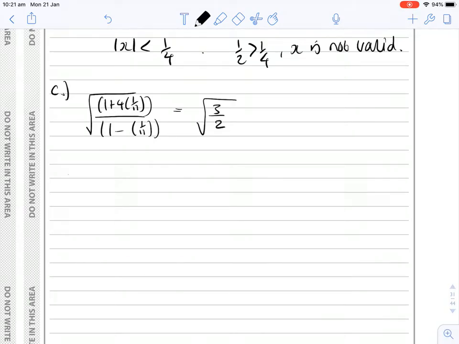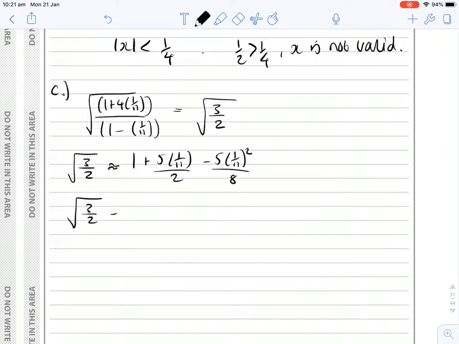Now subbing that into our expansion, that is approximately equal to 1 + 5 lots of 1/11 over 2 minus 5 lots of (1/11) squared over 8. So we can say here that root 3 over 2 is approximately equal to 1183 over 968.